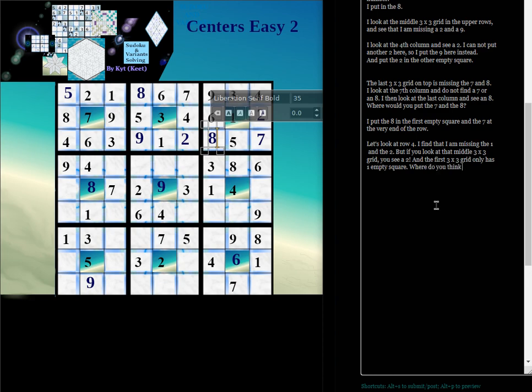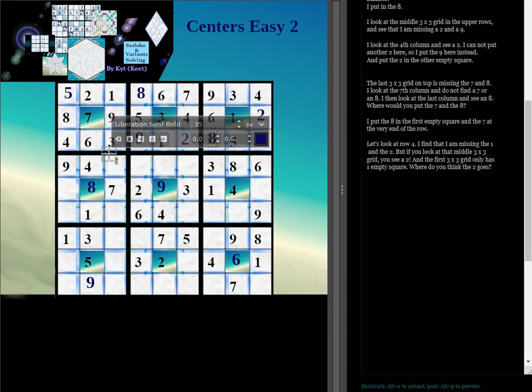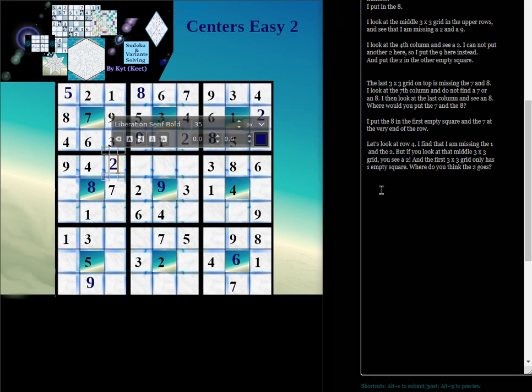Where do you think the 2 goes? Yes, the 2 goes here, and now I am only missing the 1, 2, 3, 4, 5, and 7.